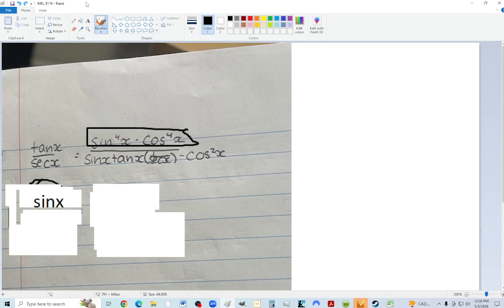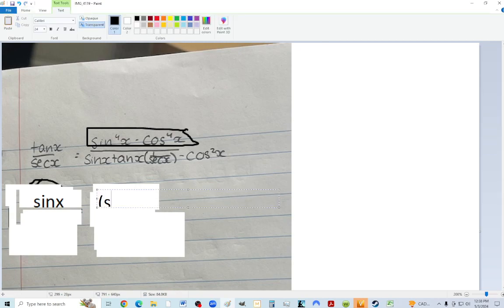Go back and revisit your difference of squares, but the difference of squares in this case is sine squared x plus cos squared x, all times the other square root of it, sine squared x minus cos squared x.